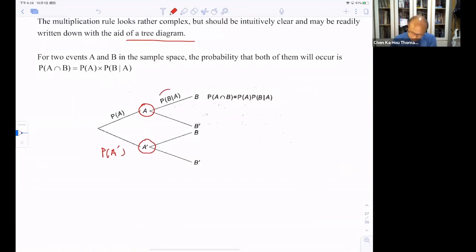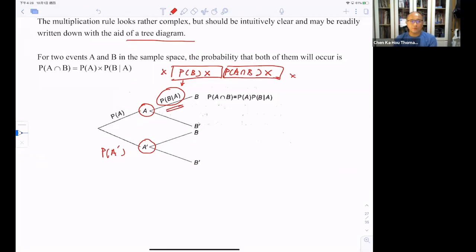Now be careful with this one. It is not P(B), and it is not P(A intersect B). Be careful. Not this one, not this one. The correct one is this one.